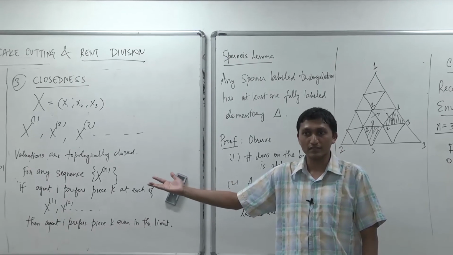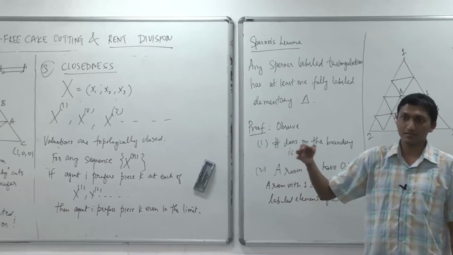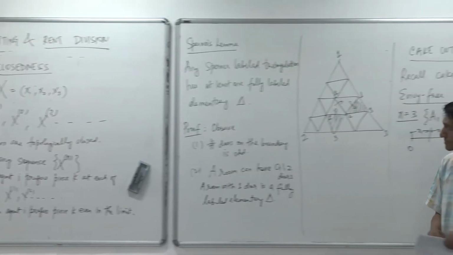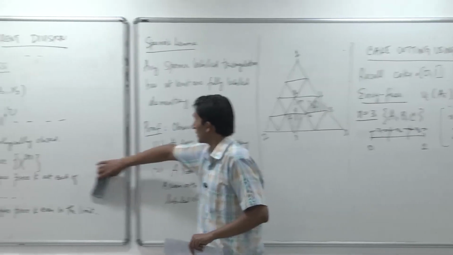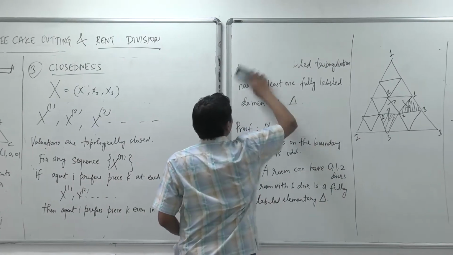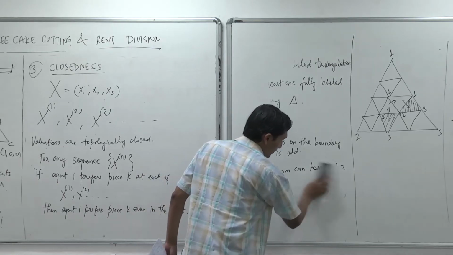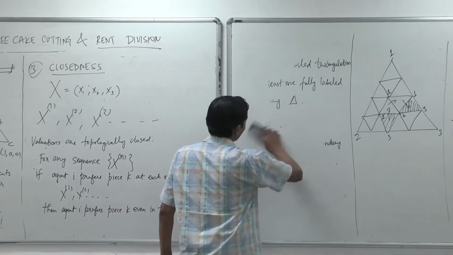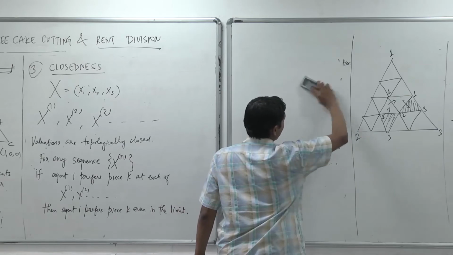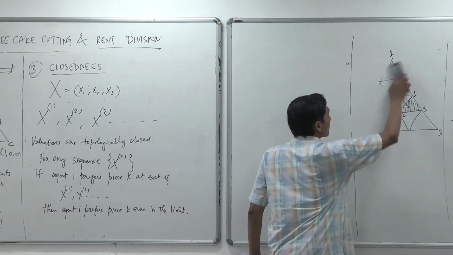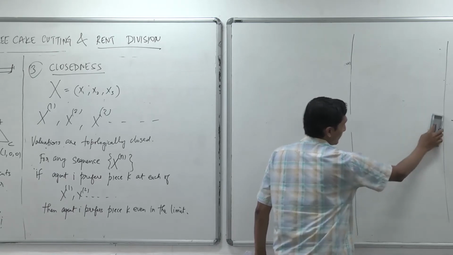There's no finite algorithm for exact connected envy-freeness or connected exact envy-freeness. Okay, so that's so much for cakes. I'd like to get to the second part of the topic, which is rent division. This is very much like cake cutting.